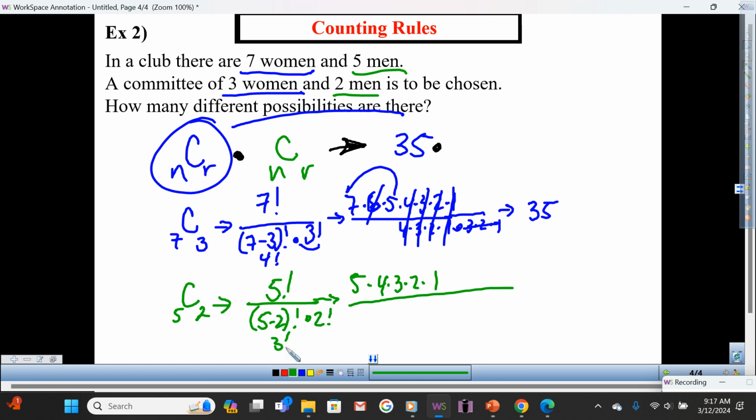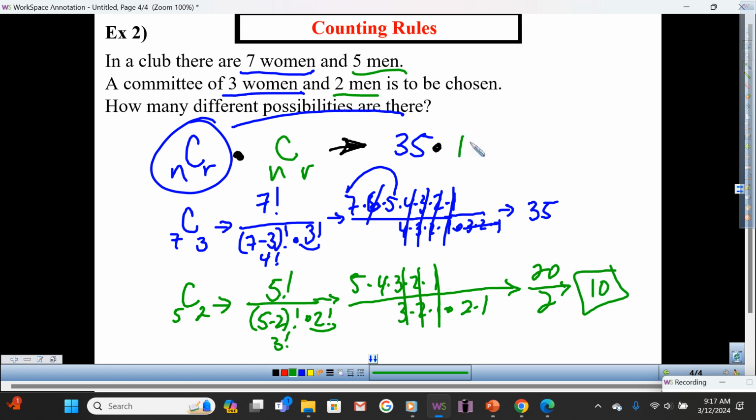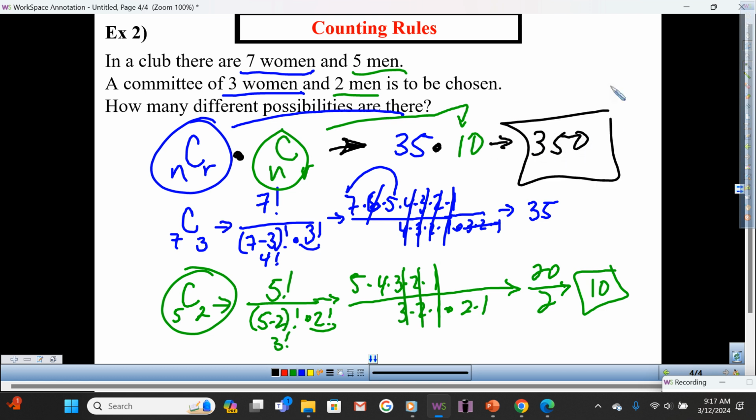And then this is 3 factorial, so this is 3 times 2 times 1 times 2 times 1, which is this one. So 2 times 1, I'll just leave it as 2. 5 times 4 is 20. Divided by 2, that's 10. Is that correct? So now that I have this part, which is this part, so the total combinations are 350.